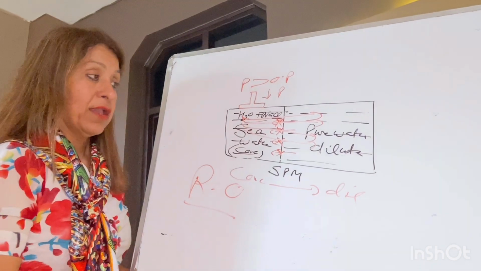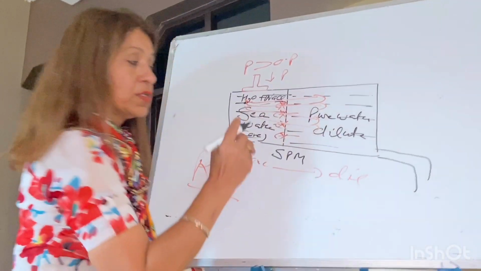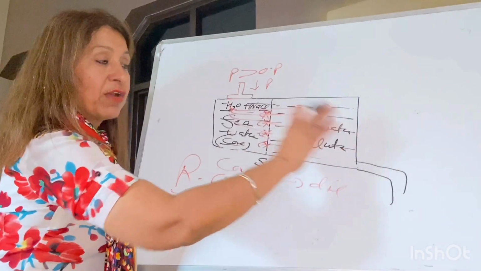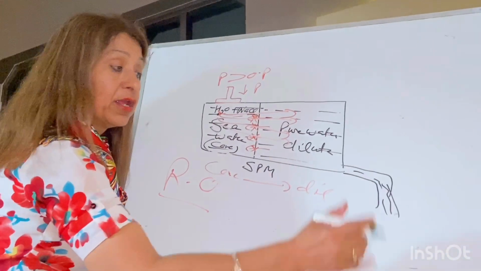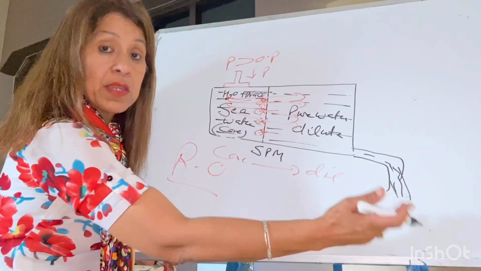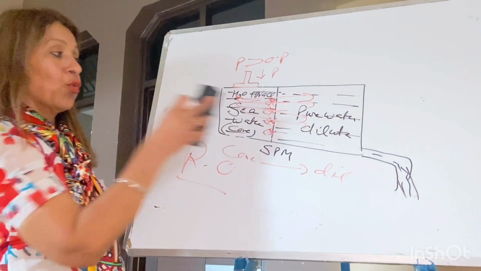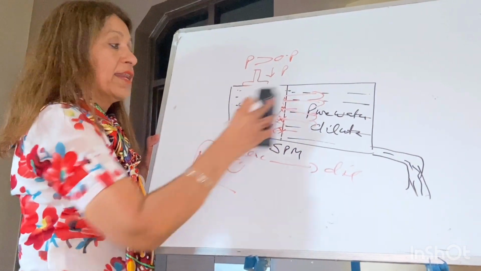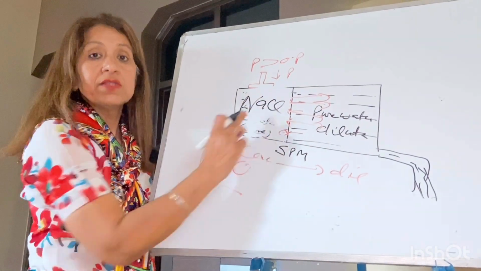So what is left when there is a flow of solvent to this side? You can make an exit here. This water will totally come out. This is purified water, and you can use this water for drinking purposes. And in this compartment, only NaCl is left.